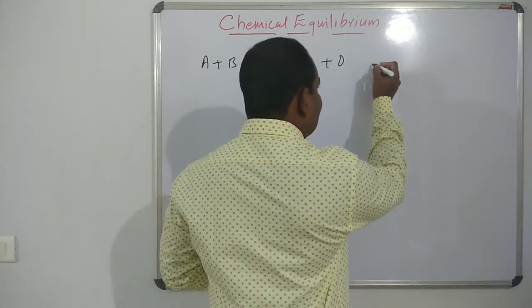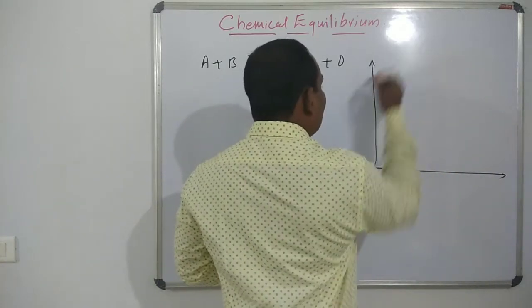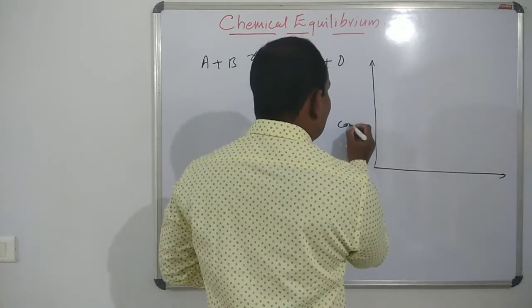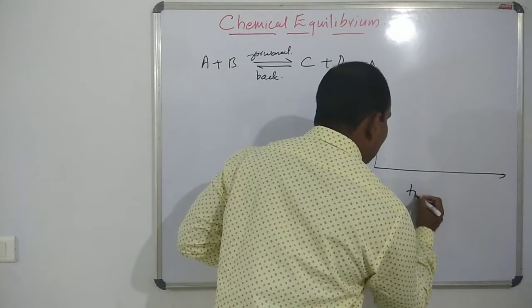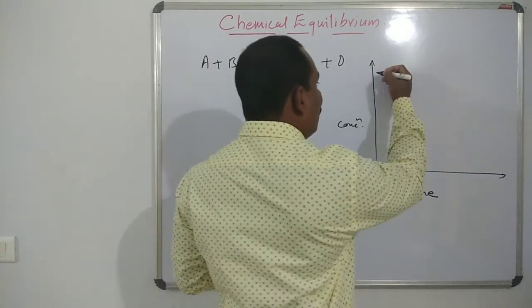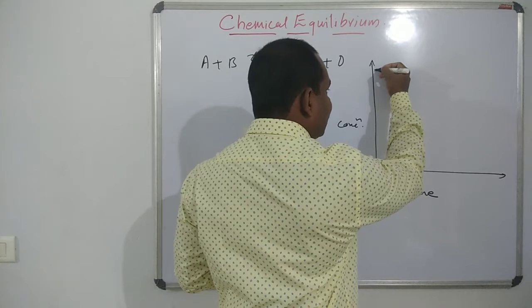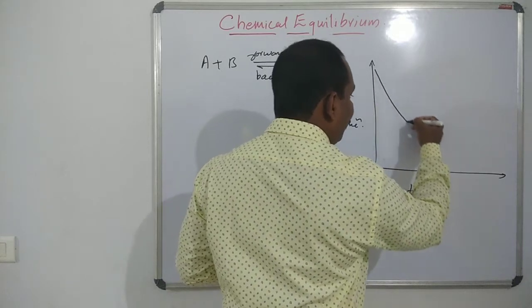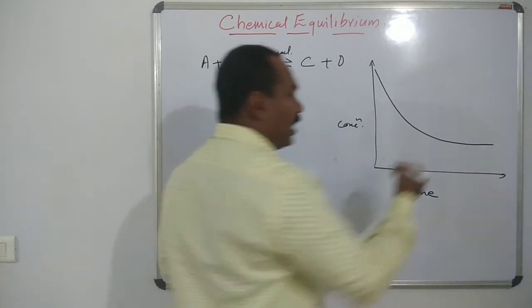So let's represent it by a graph. Here we consider the concentration, and here we consider the time. Initially, the amounts of A and B are maximum, and when the reaction starts, the amounts of A and B decrease and reach a minimum.